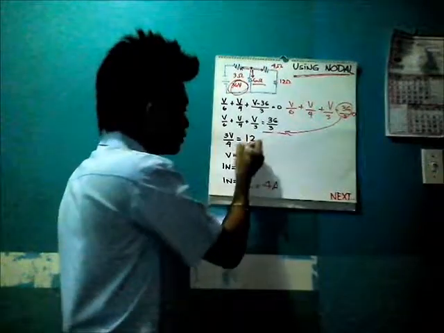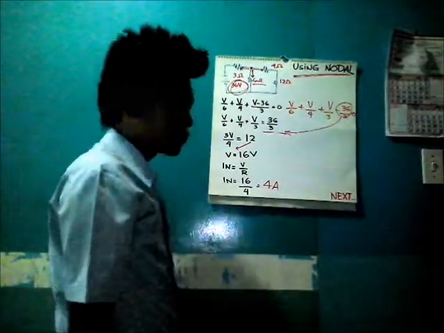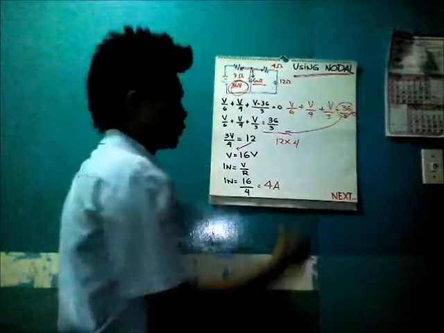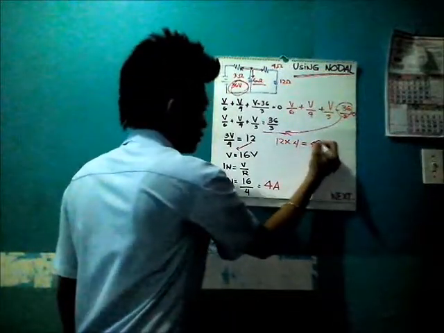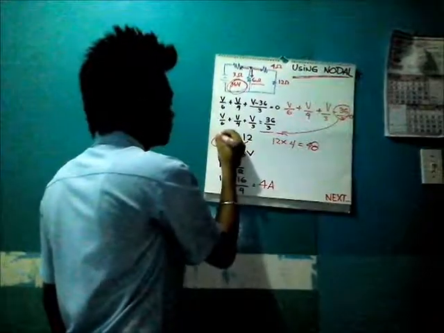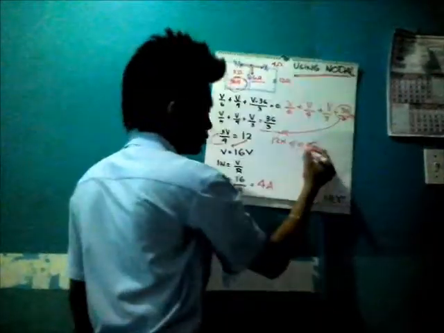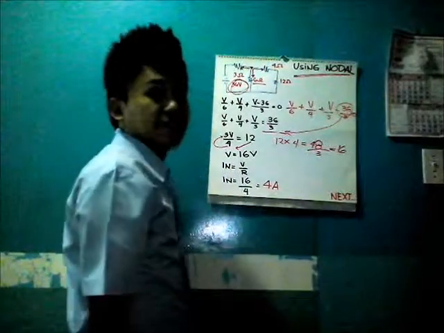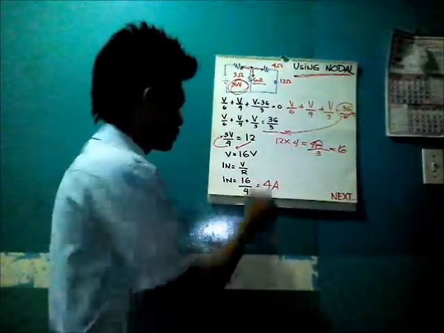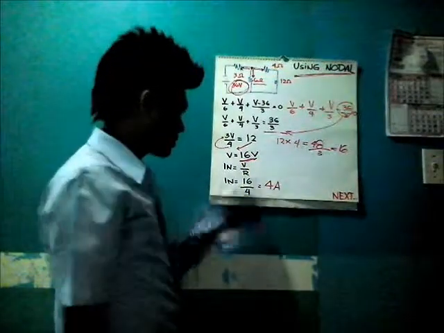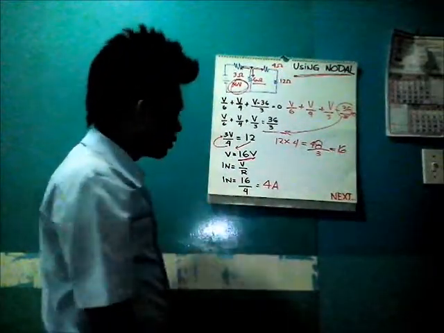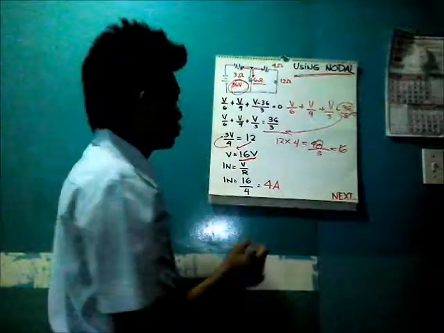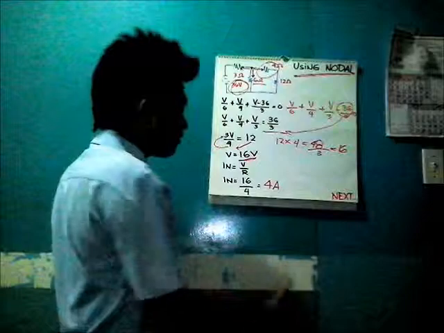So 12 times 4 is equal to 48, divided by 3 is equal to 16. Our voltage is 16 over the resistor before our load, which is 4.